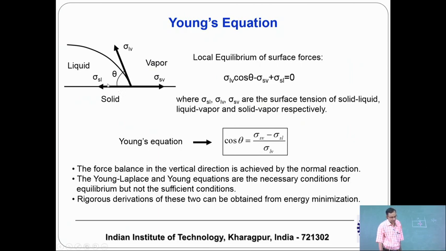When we say surface tension, actually it is a property between two phases. So, between the solid and the liquid, it is sigma SL, the surface tension coefficient for a solid-liquid interface. Similarly, for solid-vapor it is sigma SV, and for liquid-vapor it is sigma LV, and the angle between these two is defined as the contact angle theta.